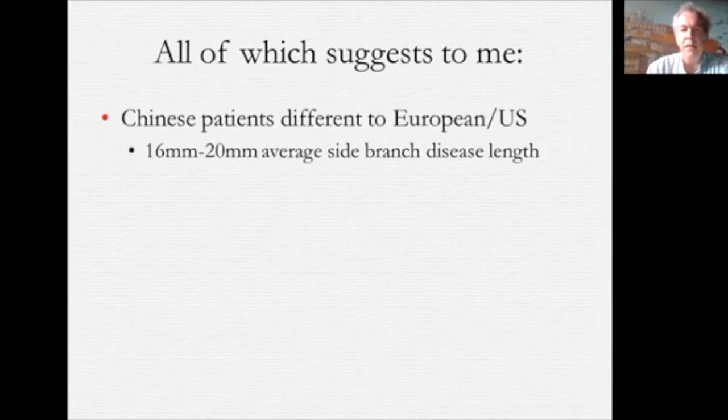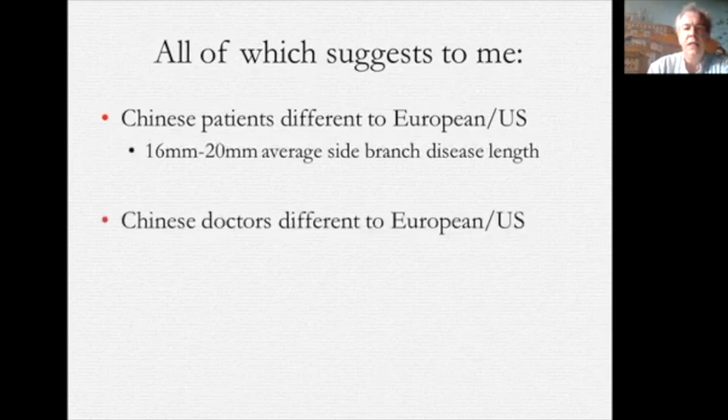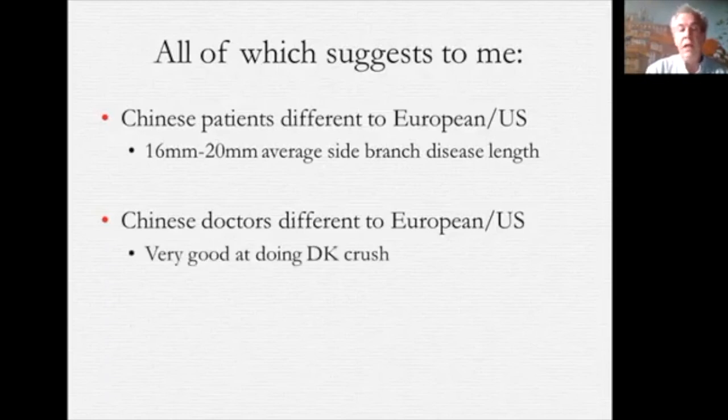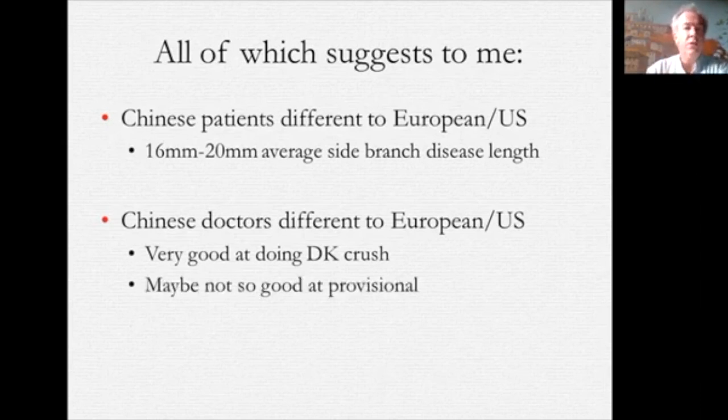The disease pattern is a bit different with such long side branch disease lengths, but also that the Chinese approach or methodology for coronary intervention is also different, and perhaps they're particularly skilled and aligned to the concept of the DK crush and not so wedded to the concept of provisional.